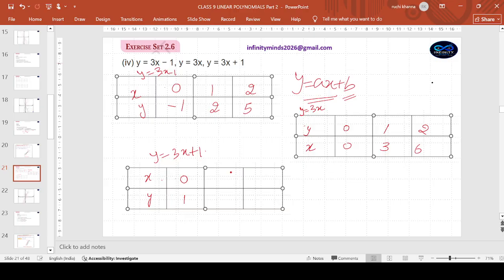If I put the value 1, 3 ones are 3, plus 1, 4. Next, if I put the value 2, 3 twos are 6, plus 1, 7. Let us see how the plotting can come.